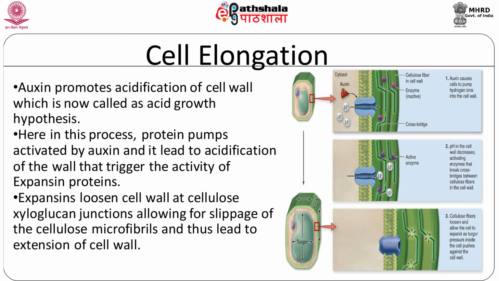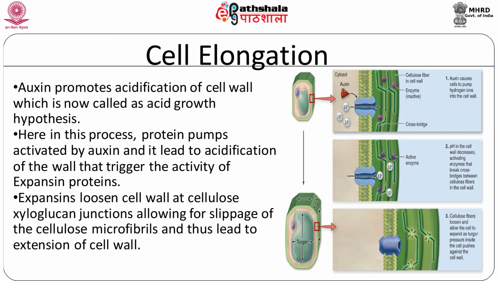During cell elongation, auxin promotes acidification of the cell wall, which is now also called the acid growth hypothesis. Here in this process, protein pumps are activated by auxin, and this leads to acidification of the wall that triggers the activity of expansin protein.